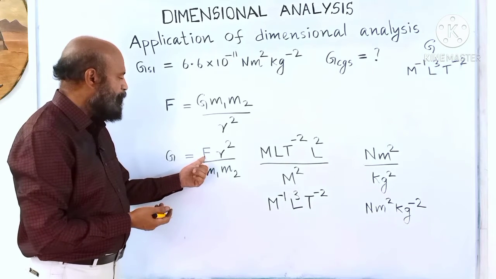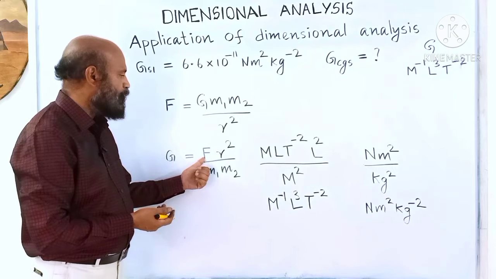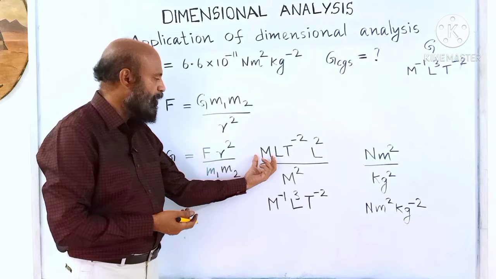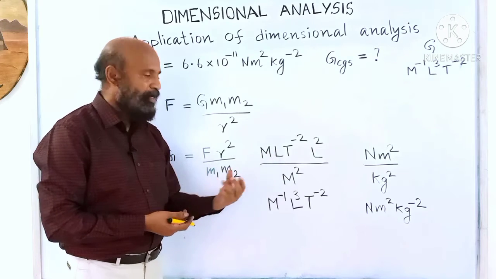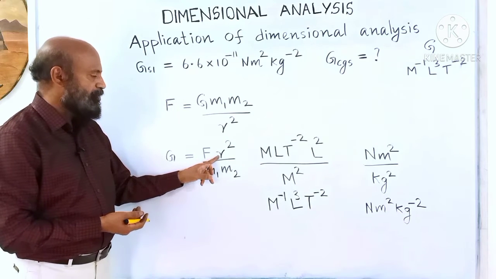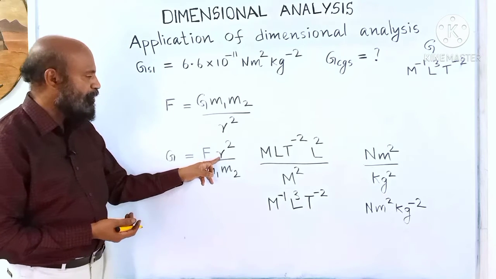Then the dimension of the force. Force is mass into acceleration. Mass dimension is M, capital M. Acceleration is LT raised to -2. R, distance, is measured in length.